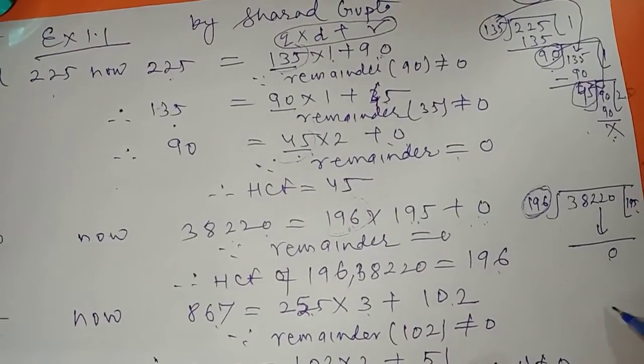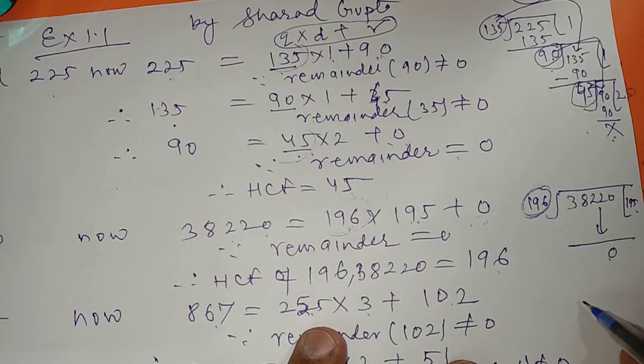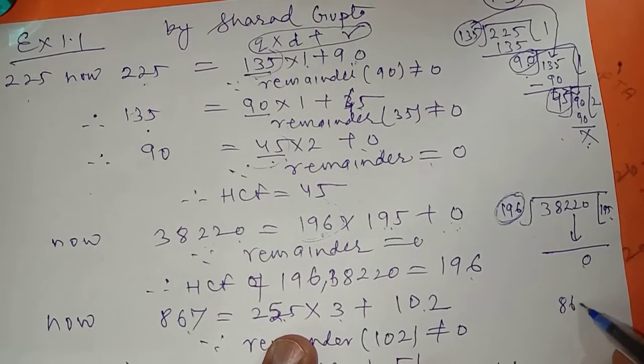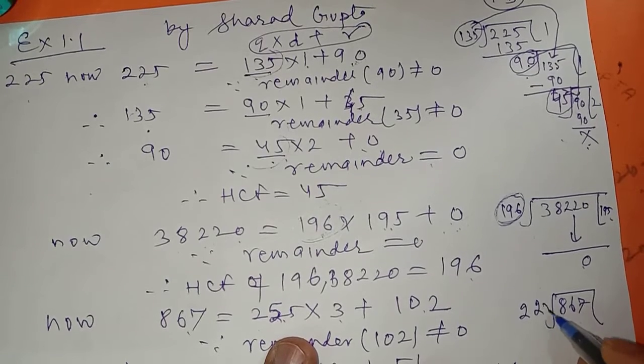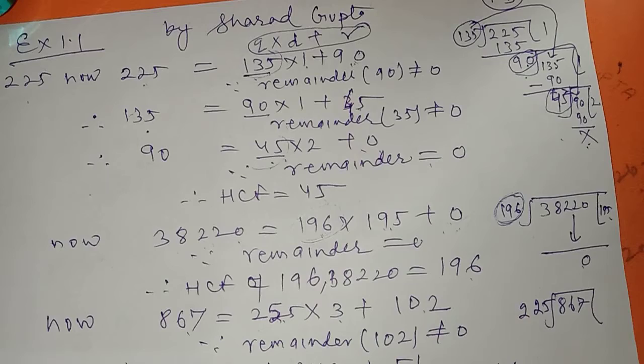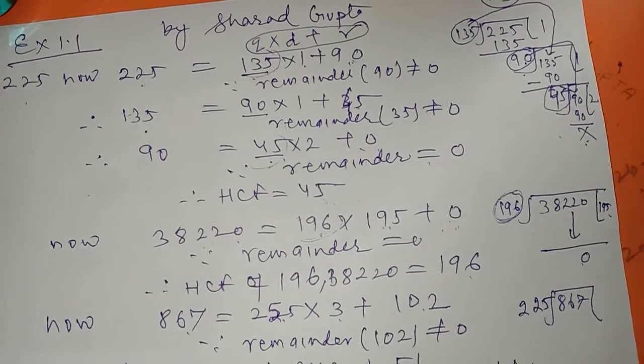You can divide in the rough. So it will be 867 divided by it will be 255, I think. Let us see.